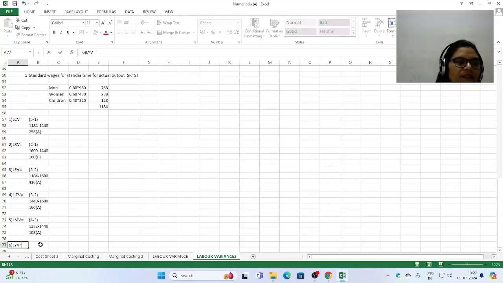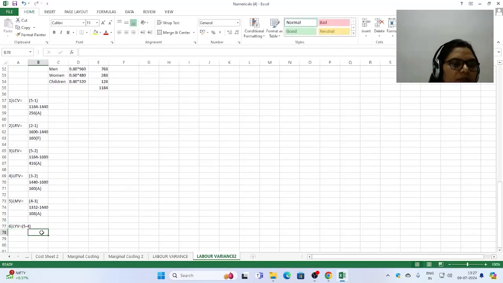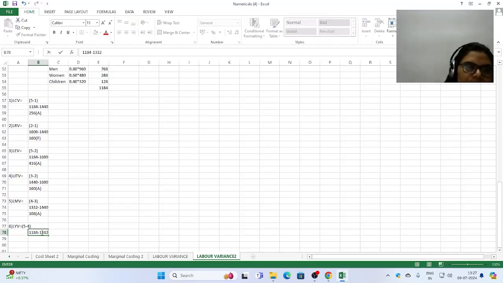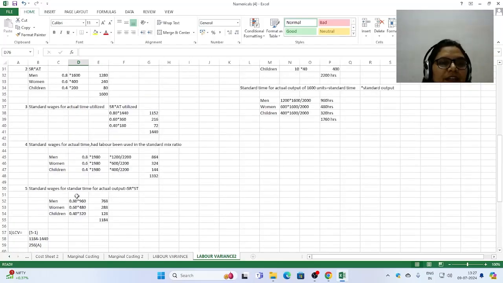Labor yield variance is equal to 5 minus 4. It will give you the value of 1184 minus 1332, which will give you 148 adverse. So this is labor yield variance.